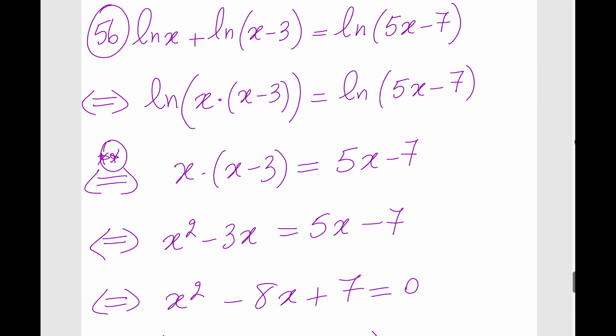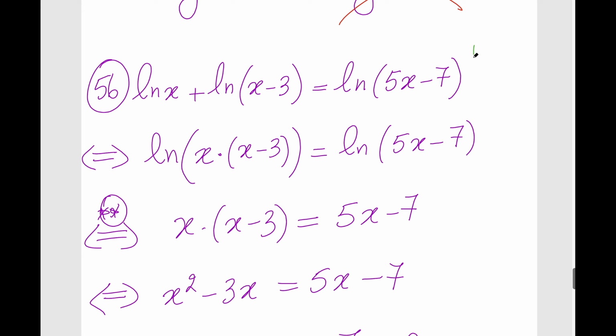So what's the provision of the question? The provision of this question is, I need each of these entities to be meaningful, right? For this guy to be meaningful, I need the input to be positive, right? So I need x to be positive for this guy to be meaningful.